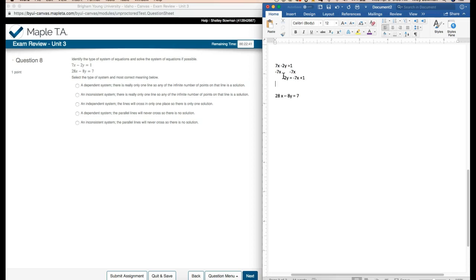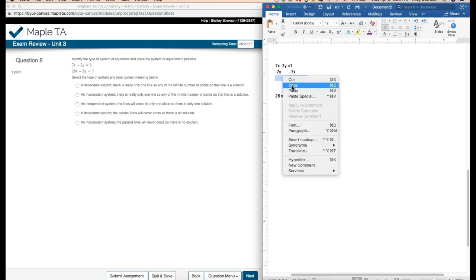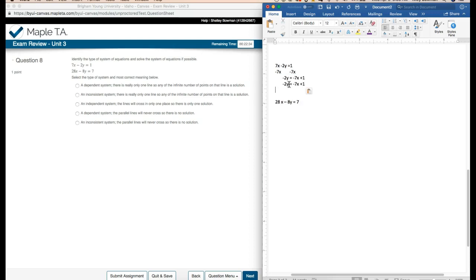Now I need to get rid of that negative 2, and to do that I'm going to divide every single term by negative 2. Negative 2 divided by negative 2 is 1, so I'm left with y.